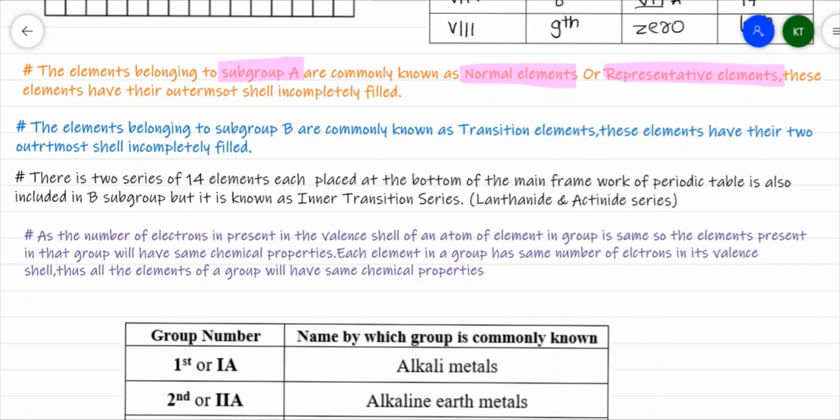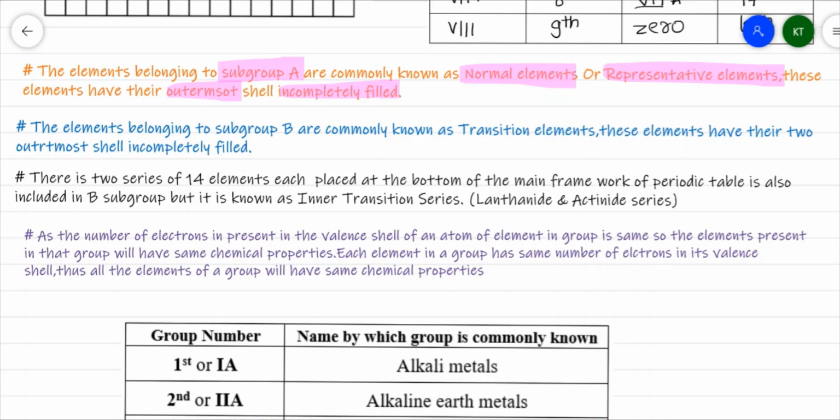The specialty of these elements is that they have their outermost shell incompletely filled. You can take an example in terms of sodium, magnesium, aluminium, silicon, phosphorus, sulfur, chlorine. All these elements we call normal elements or representative elements because they have their outermost shell incompletely filled.